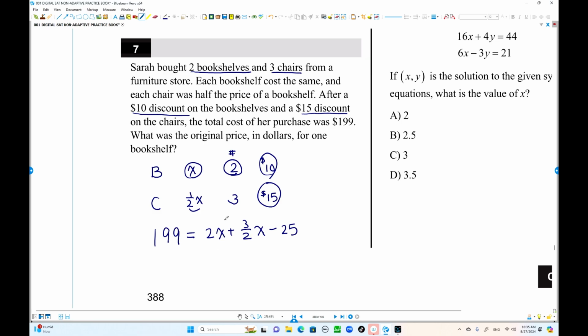That is 2x plus 3 over 2x, 7 over 2x. That equals 225, okay, 214. No. 234, right? Okay. So we're going to find over here the bookshelves, x over here, right? That's the price, not 1 over 2x.